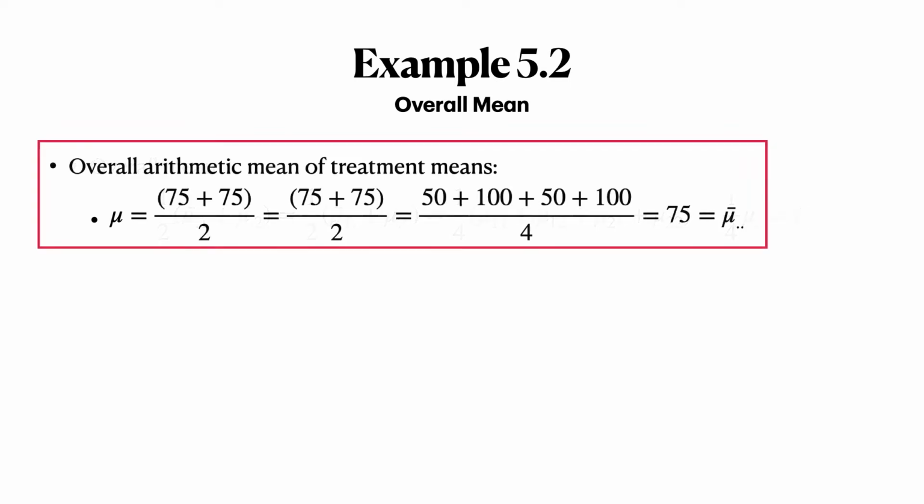And so we have all the ingredients we need to calculate the overall arithmetic mean of the treatment combinations using any of these three formulas, and in this case that overall arithmetic mean of the treatment combination means is 75.